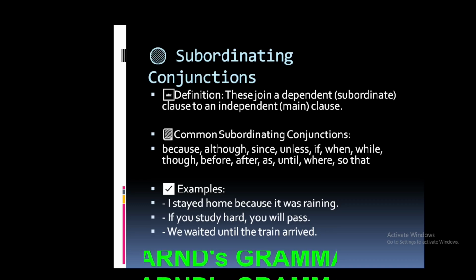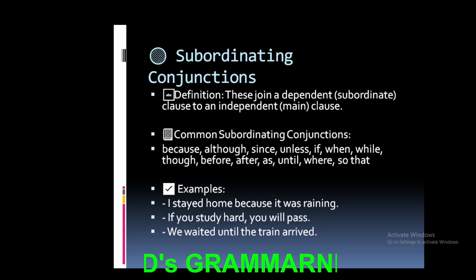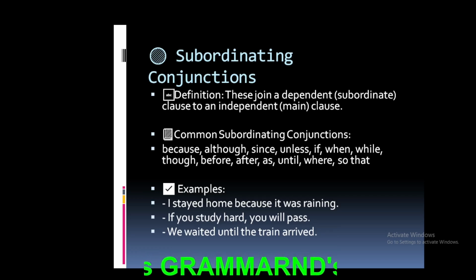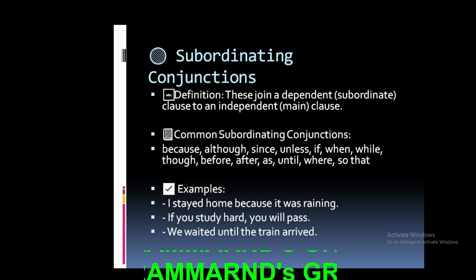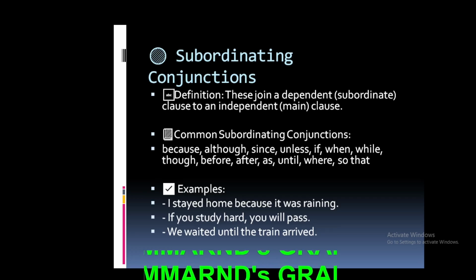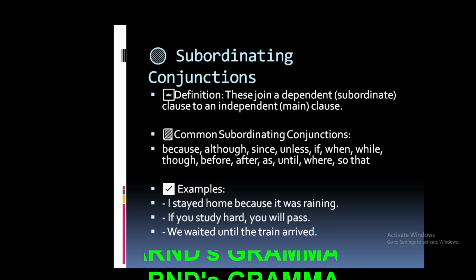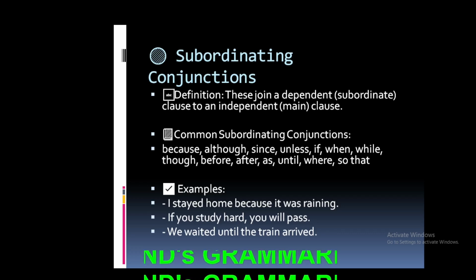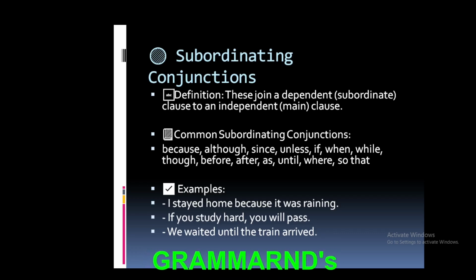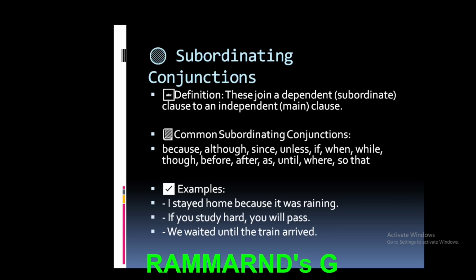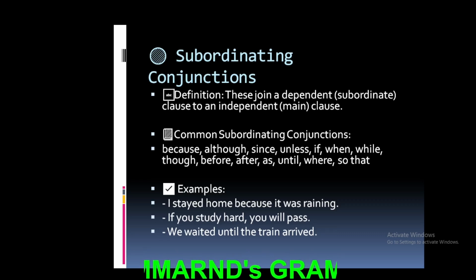Common subordinating conjunctions are because, although, since, unless, if, when, while, though, before, after, as, until, where, so that. There may be some others also, but these are the main subordinating conjunctions. Now examples with sentences.